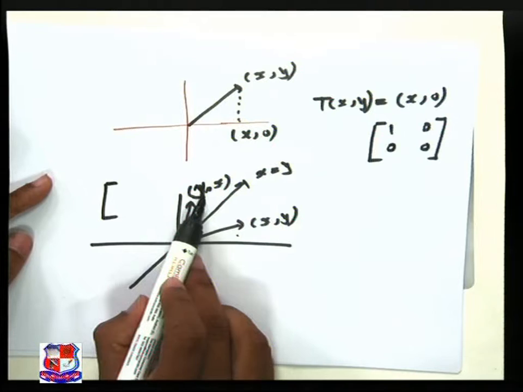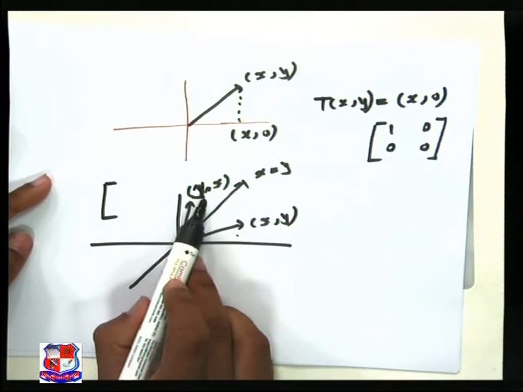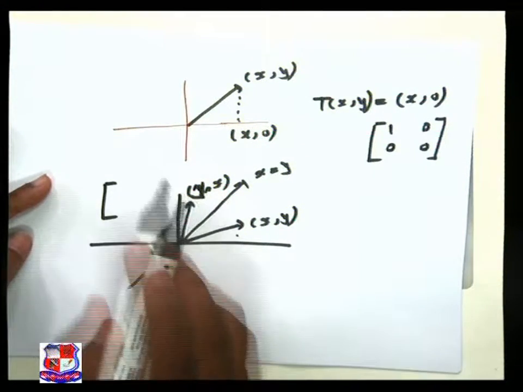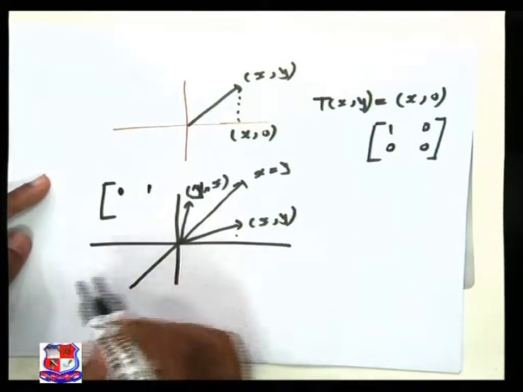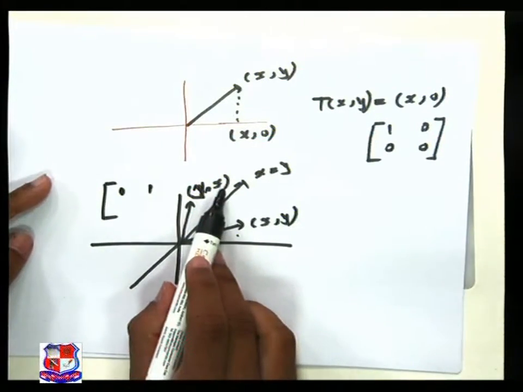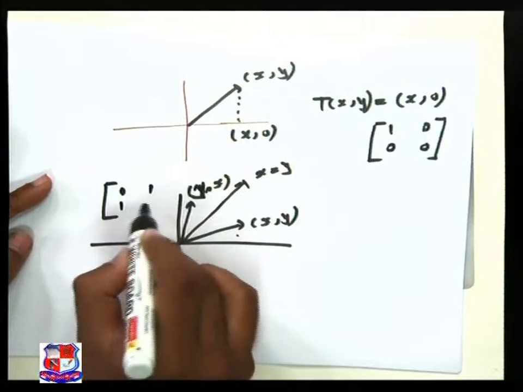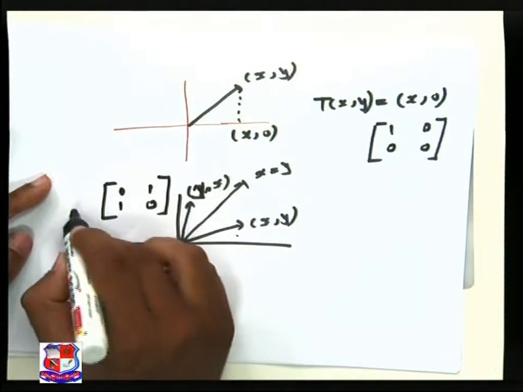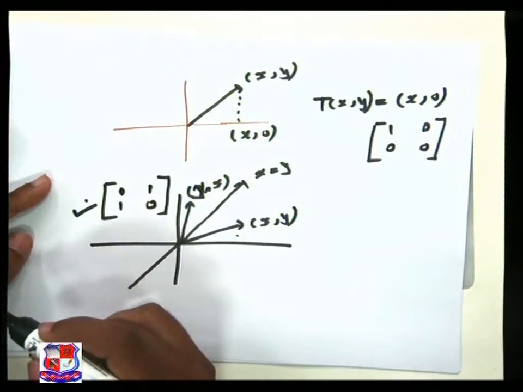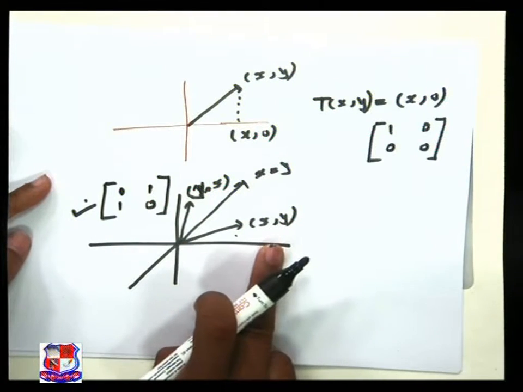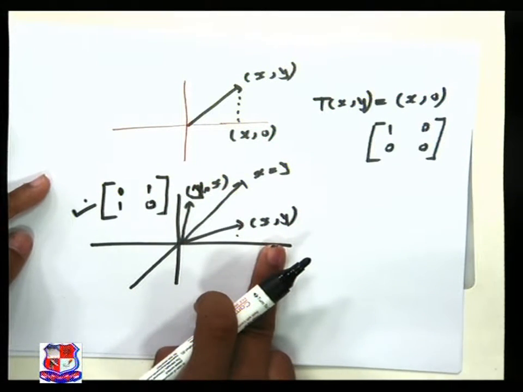In the first coordinate, what is the coefficient of x and y? That is 0 1. And in the second coordinate, the coefficient of x and y is 1 0. So this is our standard matrix for the vector xy, okay?